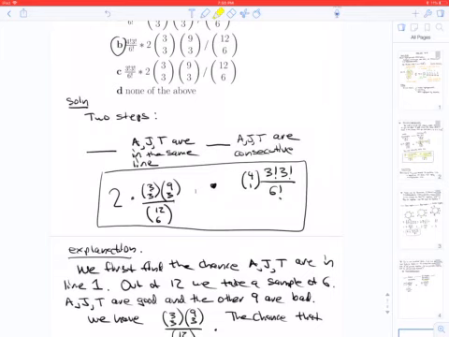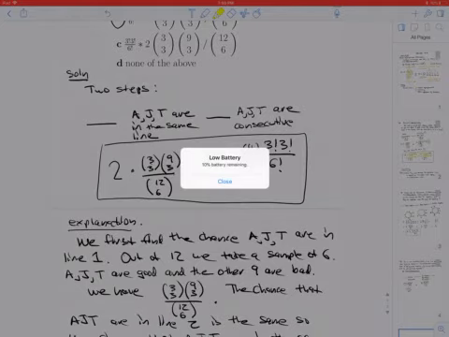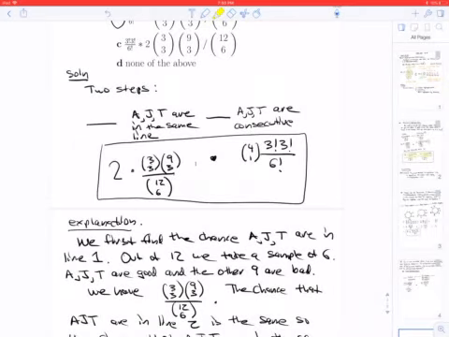Okay, so what's the chance that Adam, Jess, and Tom are in the same line? Well, let's first assume that Adam, Jess, and Tom are in line 1. What's the chance of that? Well, I can think of, I have my 12 people, and I'm selecting 6 for line 1.